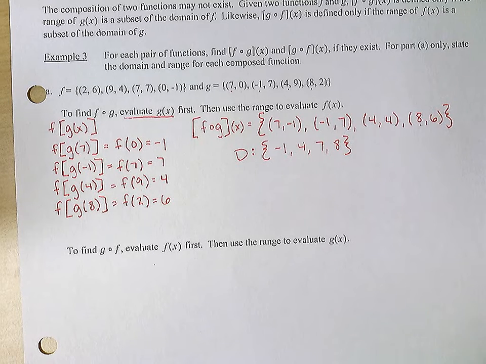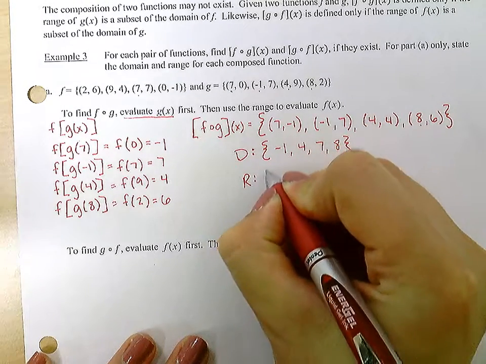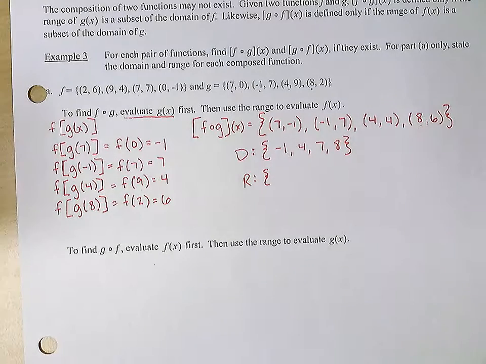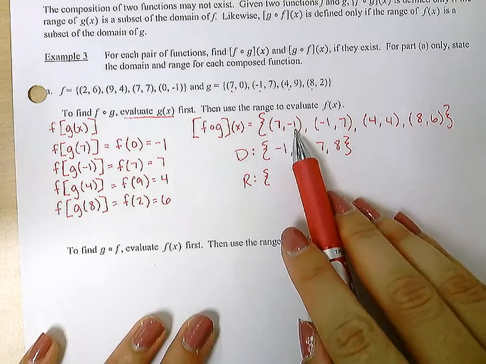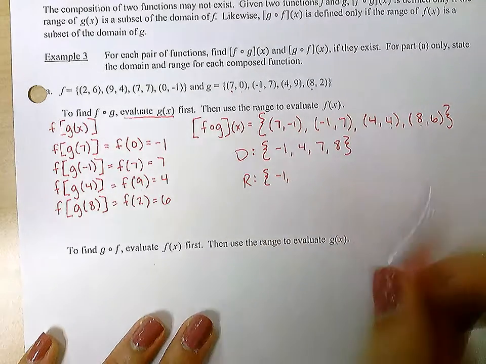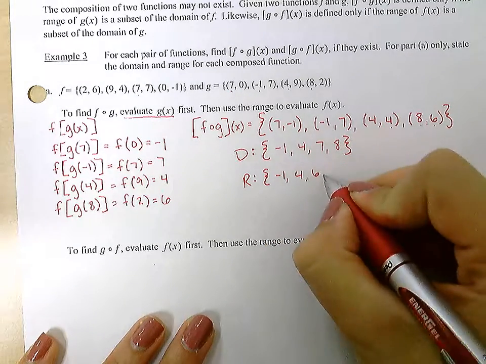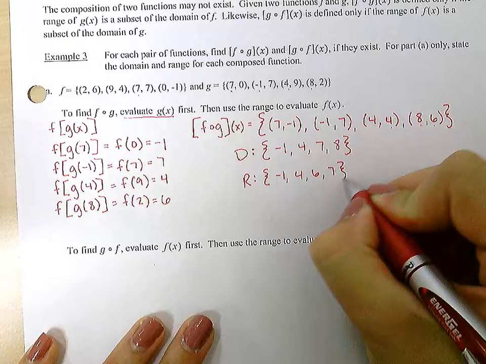Then the range would be the y values that you got. So our y values that we got are -1, 4, 6, and 7.